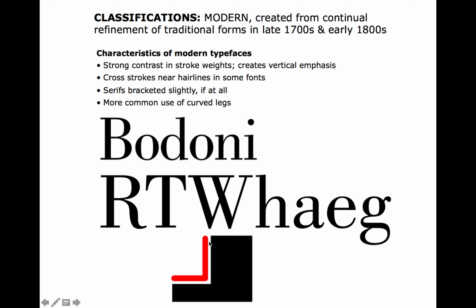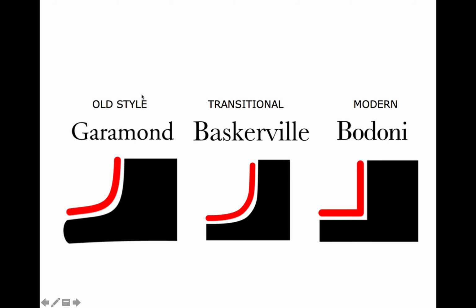The serifs bracketed slightly, if at all, and they had a more common use of curved legs, like the leg of the G down here. But the serifs were a little bit more squared off and more geometric. So you can see the difference in some of these serif formations here between the old style in Garamond, for instance, to the traditional Baskerville, and then the modern Bodoni.